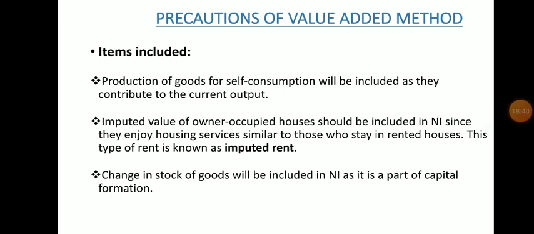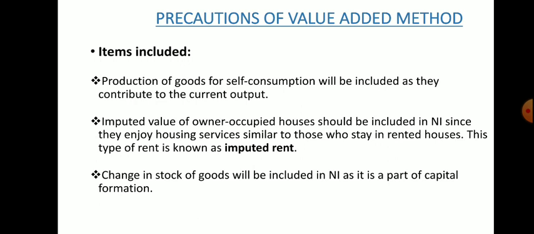So while you are calculating national income, you need to keep in mind that intermediate goods and the value of intermediate goods or second hand goods should not be included, but the value of final goods should be included.